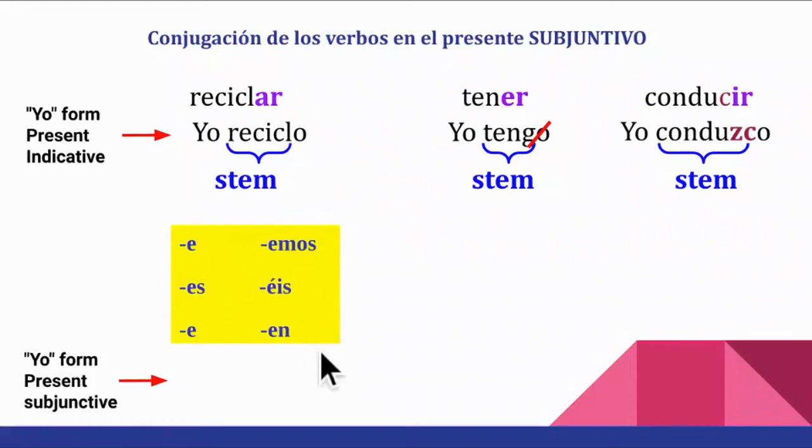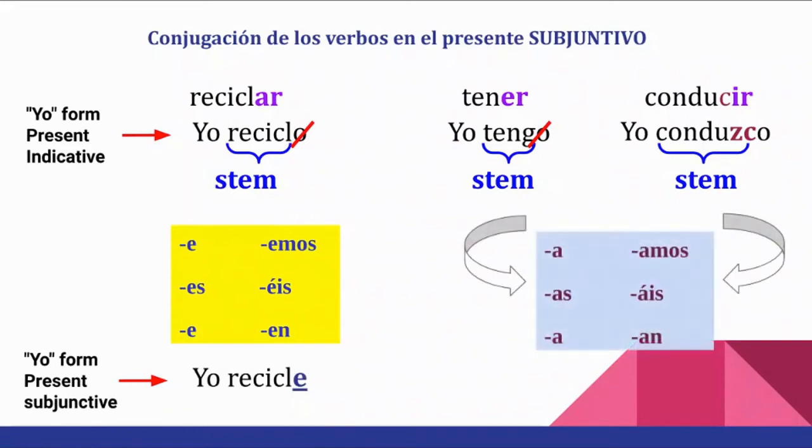So these are my endings for the subjunctive form. And now I'm going to conjugate in the subjunctive. I drop this O from reciclo and then I change it for the letter E. So I get yo recicle. In the case of verbs that end with ER and IR, like we said, they have exactly the same ending in the subjunctive form, but also I need to consider the stem of the present indicative.